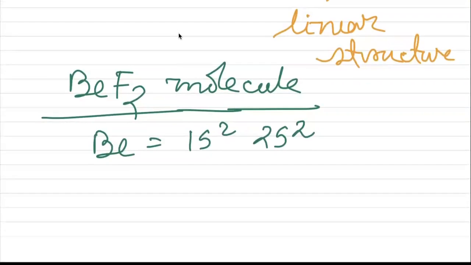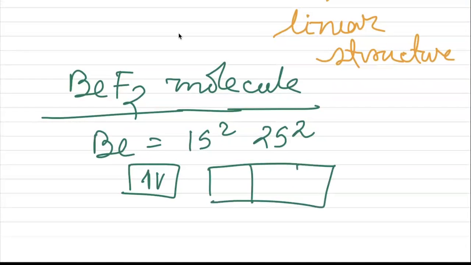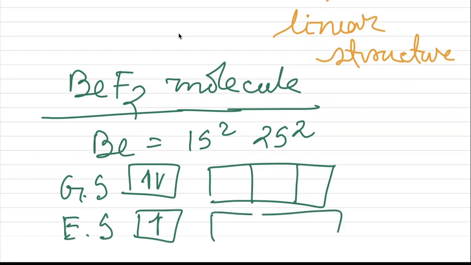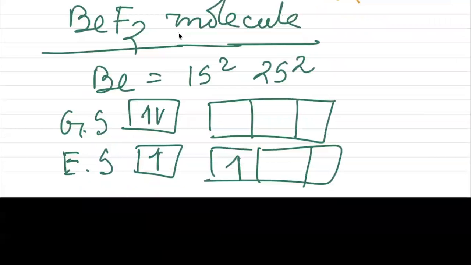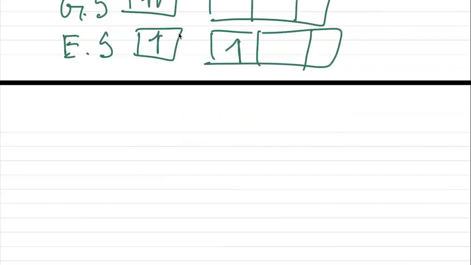So in the valence shell, 2s has two electrons and the 2p orbital will be vacant. This is the ground state. In the excited state, one electron will shift to the p orbital. So this s and this p orbital will form sp hybridization.